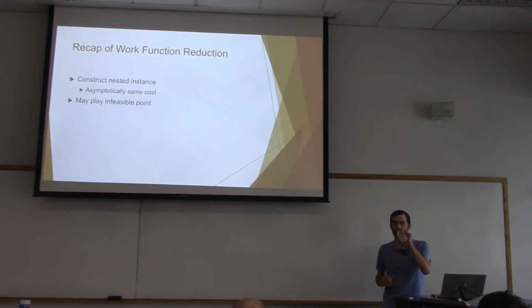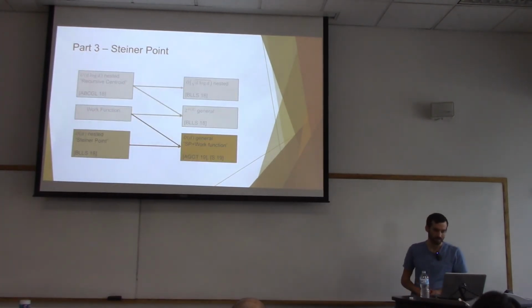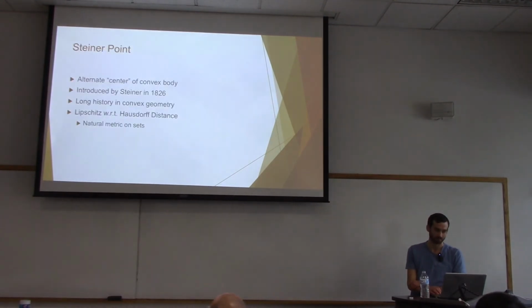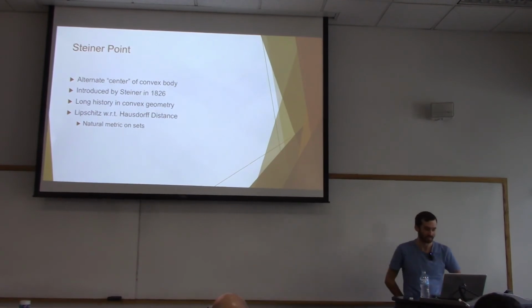Okay. The last part of this talk is, to me, the most exciting part. We'll start with this idea called the Steiner point, which is a very clean idea to replace the centroid idea. The Steiner point is a different way of defining the center of a convex body, and it has a long history within convex geometry. It dates back to the 1820s.